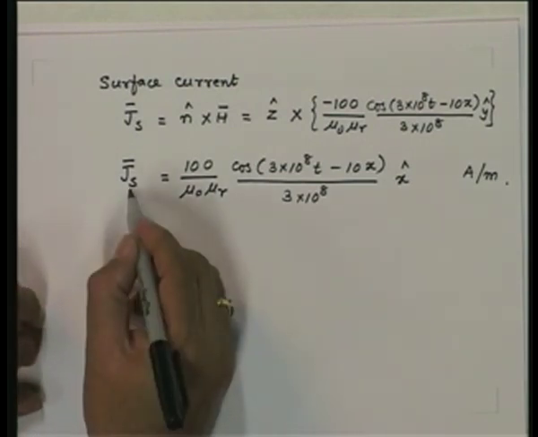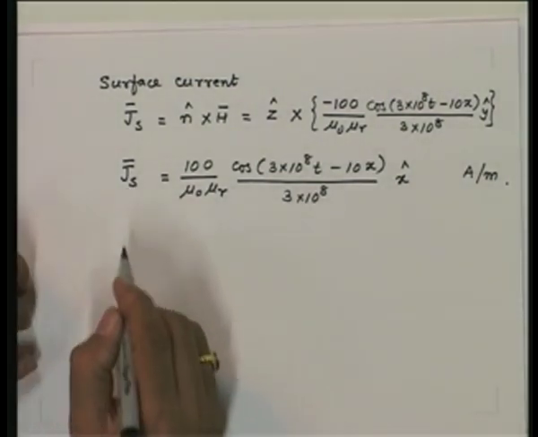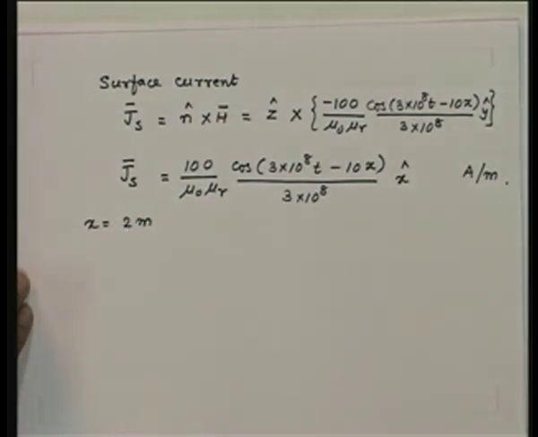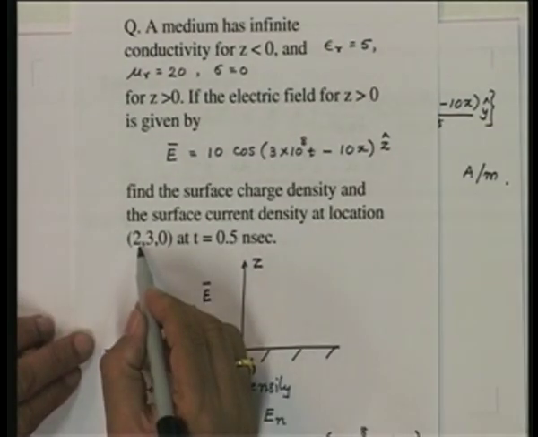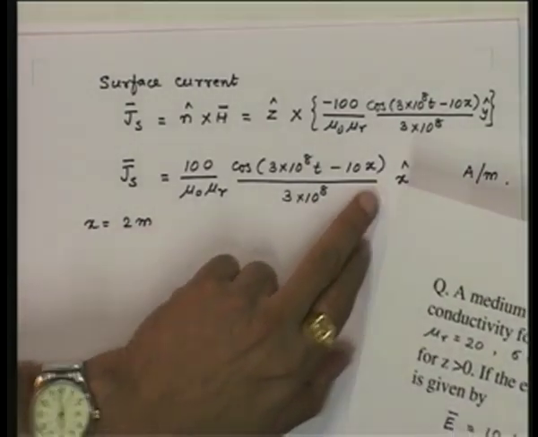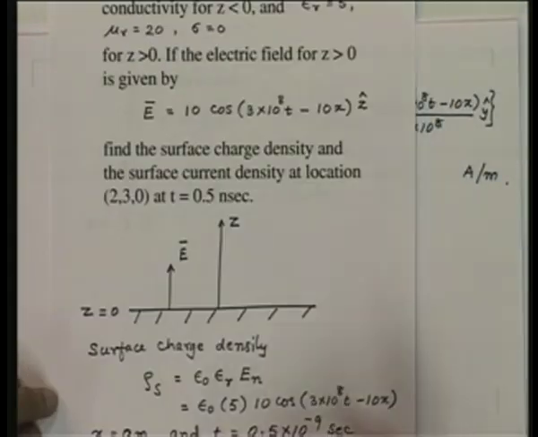Then the surface current density at location x equal to 2 meters, because we have to find out the quantities at this location 2, 3, 0. Again we note this has a variation only as a function of x. So, y coordinate and z coordinate do not come into the picture.